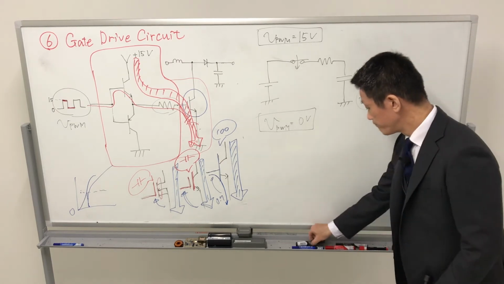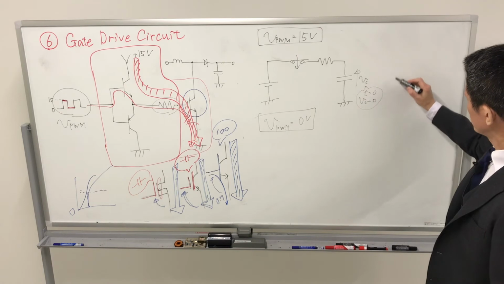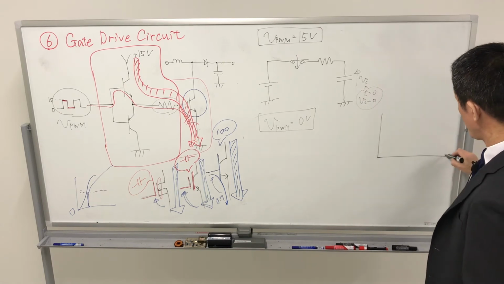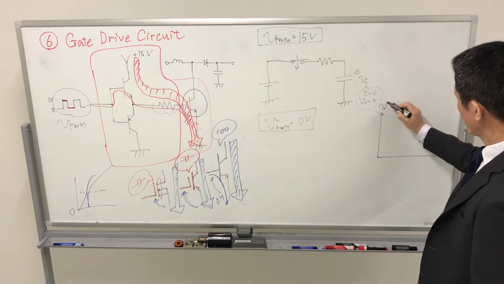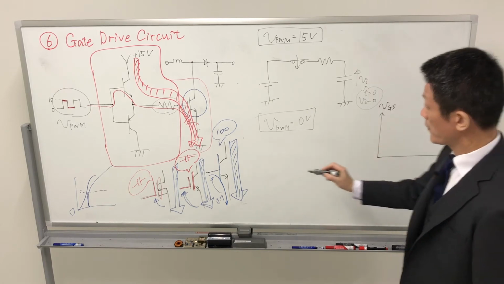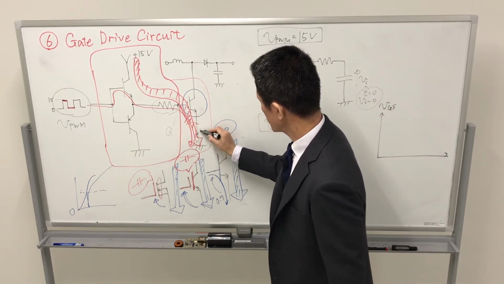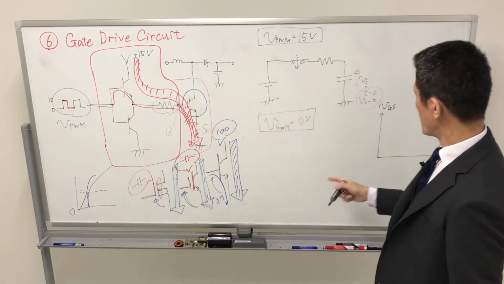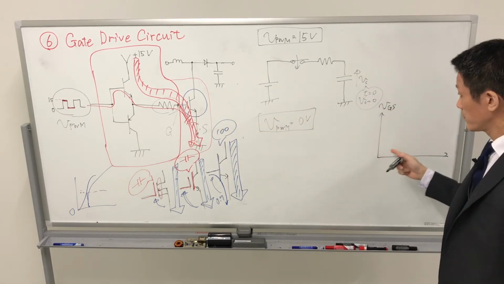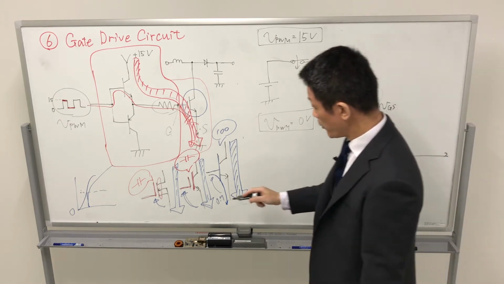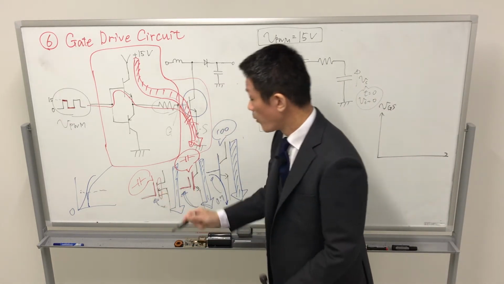We mean the V gate source, gate side, source side, V gate source power line. Because what is important is whether the V threshold voltage is exceeded or not.